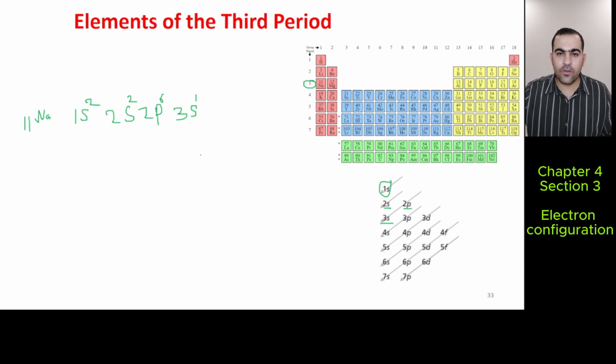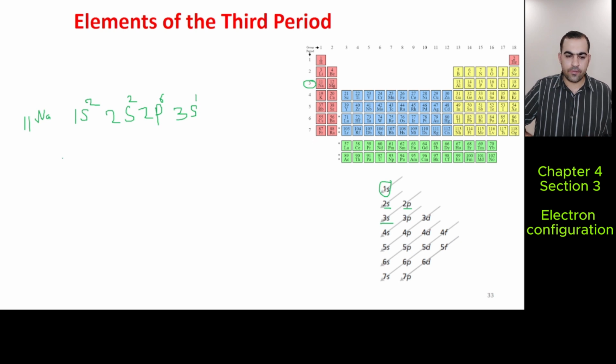This is the electron configuration of sodium. Okay?